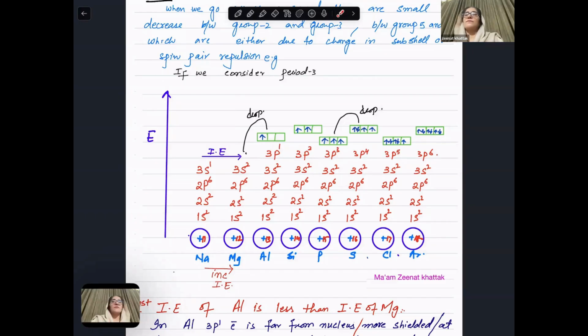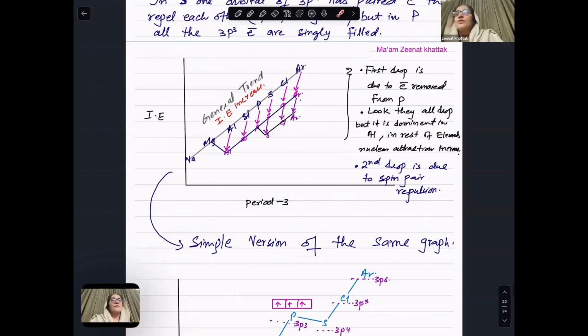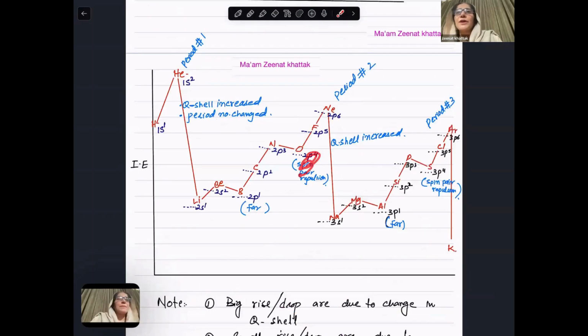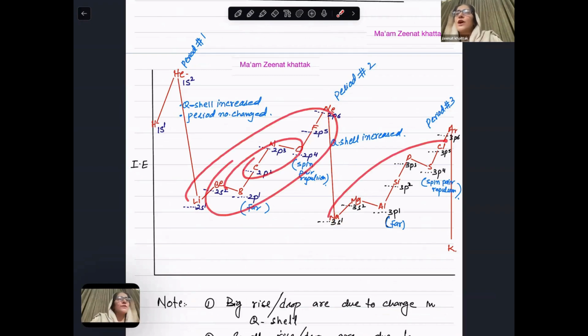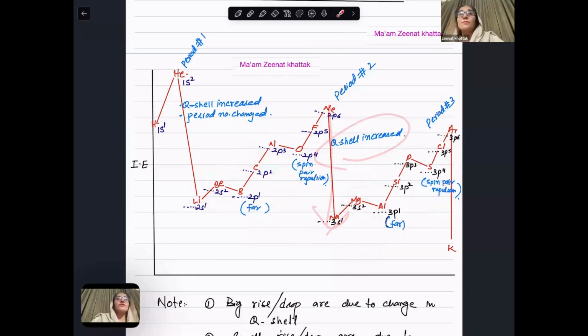So there is spin pair repulsion, but there are more protons. And now again, what is happening? The quantum shell has changed. The atom is bigger. They had 2 shells, now 3 shells. There's a drop because the quantum shell is more, the size is bigger, and electron removal is easy.